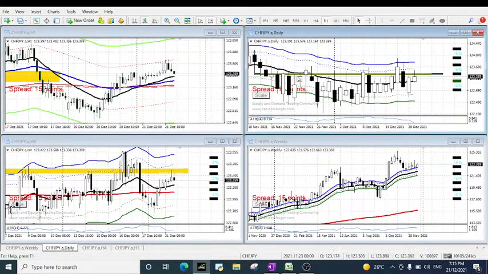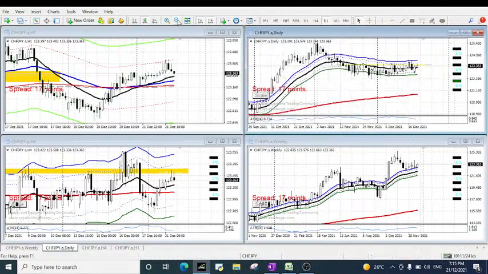Swiss franc yen, look at this consolidation. That's a crazy range. But we are in a major uptrend, so the ideal strategy will be to buy whenever we come to the bottom of this range.